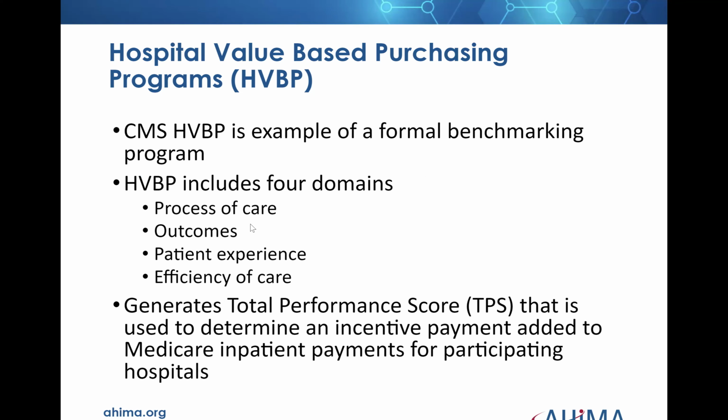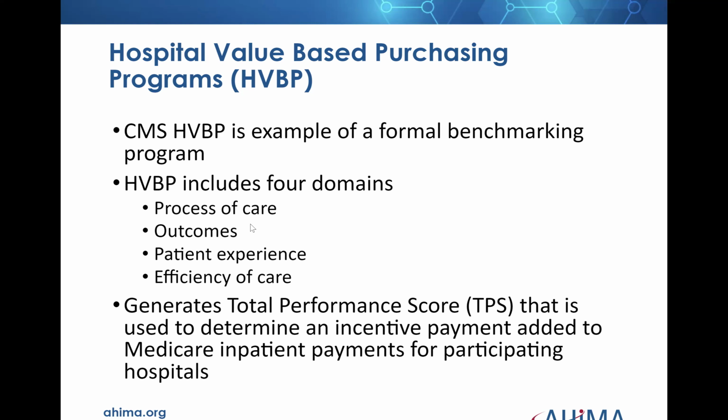The hospital value-based purchasing program is an example of this. This is formal benchmarking, and it has 4 domains. CMS is interested in what is your process of care, what are your outcomes of said care, what is the patient experience, and how efficient are you in this care?